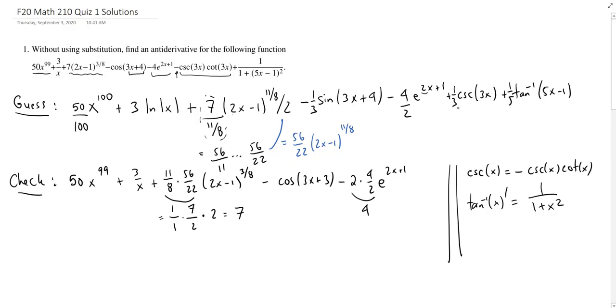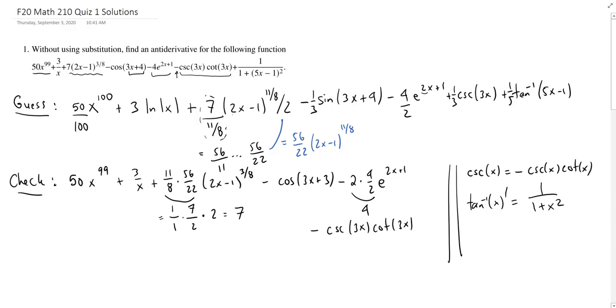Next piece, we have to take a derivative of the cosecant. So the derivative of cosecant, as we saw over here, is negative cosecant of, in this case, 3x, cotangent of 3x. Then there was this 1/3 in the beginning, but it's going to cancel with the 3 we get by taking the derivative of 3x.